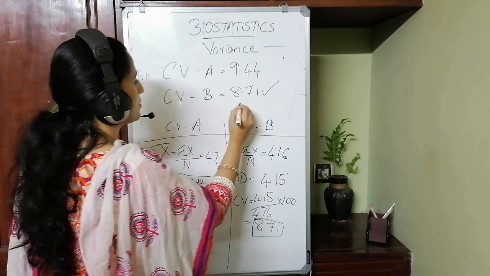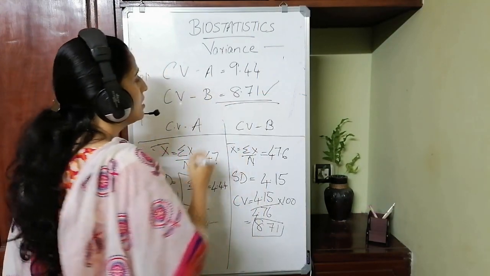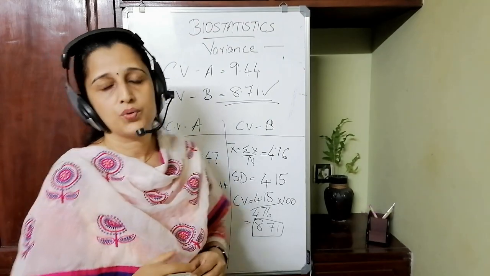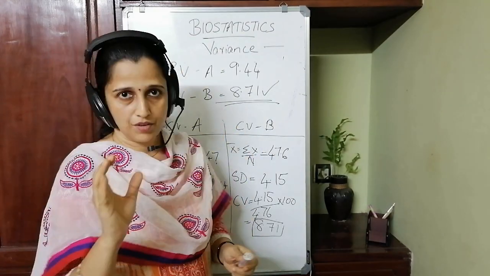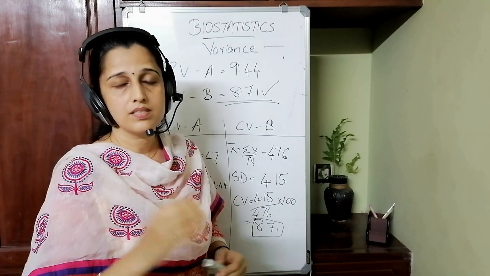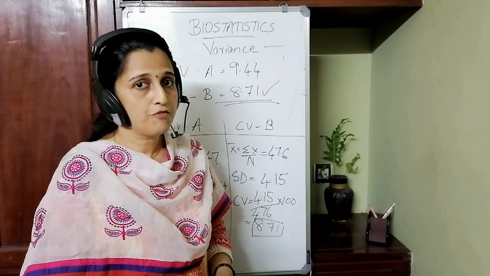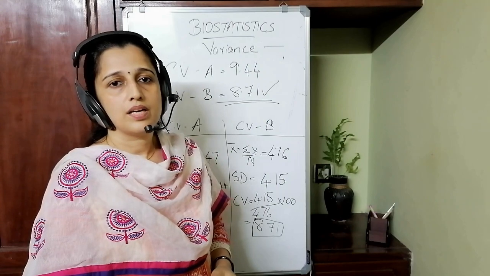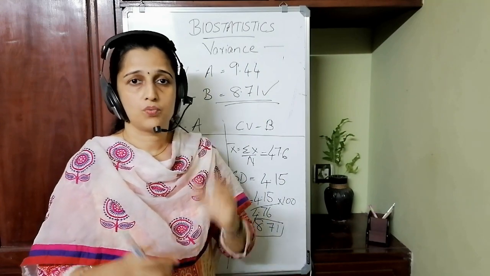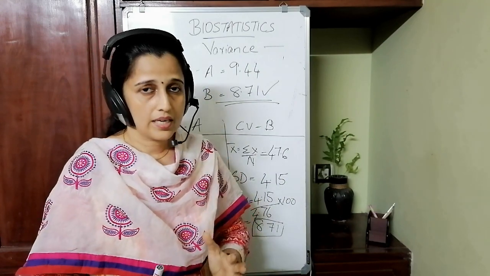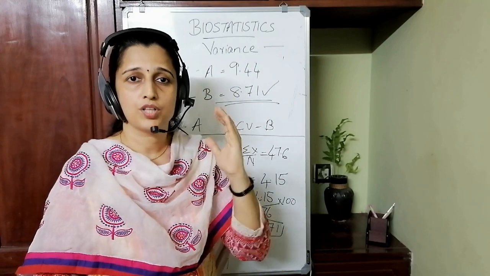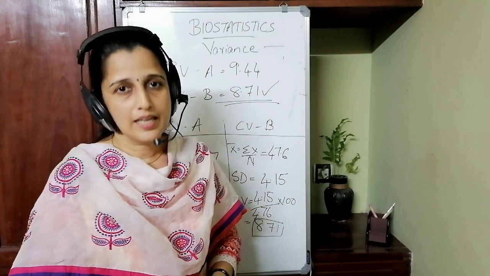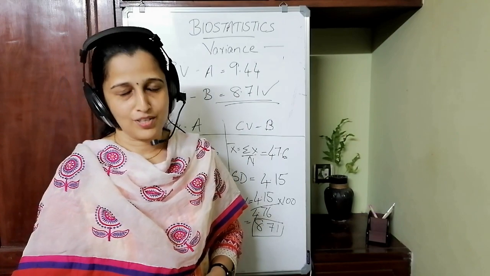So the answer is rat B. That is how you conclude, because the coefficient of variance is less, it is more consistent in performance with the feed. In this tutorial, I discussed what the coefficient of variance is, and what variance is for grouped and ungrouped data. Thank you for your listening.